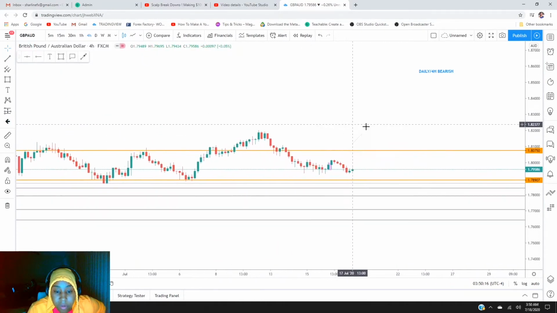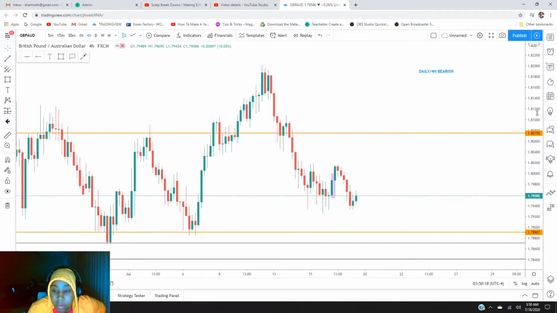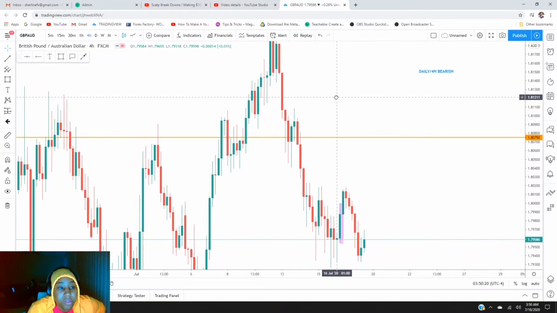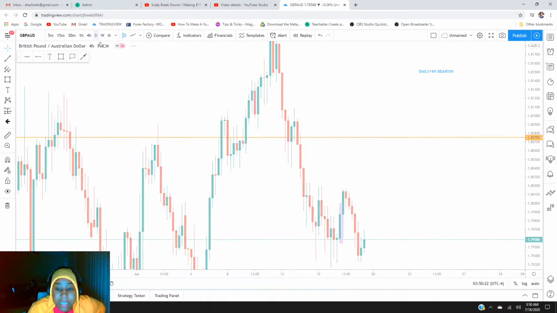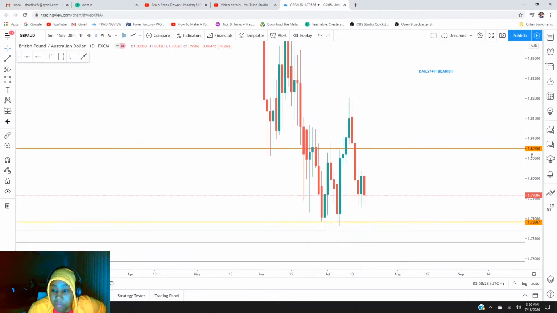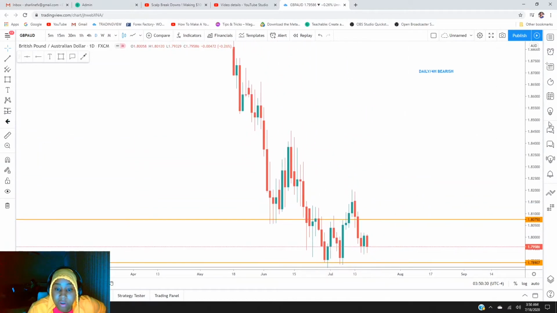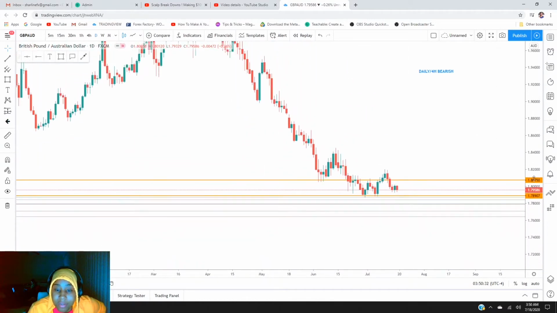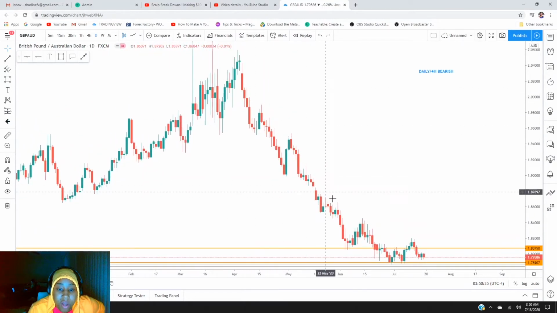All right, here we go. Basically, let's start with the daily time frame. I usually start out with the monthly, weekly, but for now we're just going to start with the daily because that's enough for now. If you guys look here, obviously we are in a downtrend. The market is dropping. GBP is dropping right now.